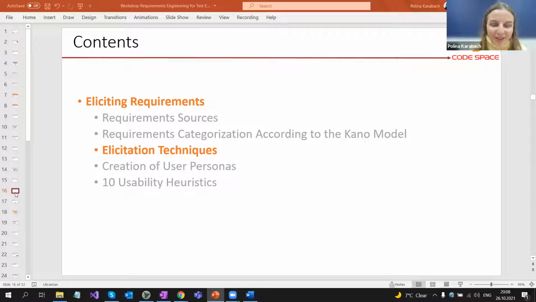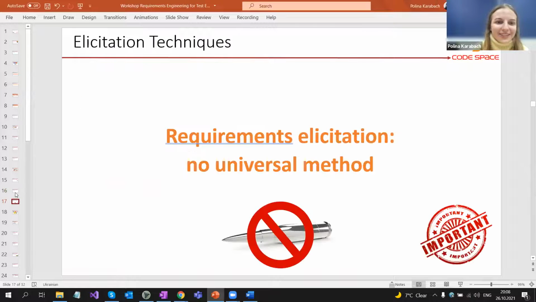Sorry for the technical disturbance. So let's review and structure this information that we just saw and added to the stickers. First, an important thing to say is that there's no silver bullet for requirement elicitation.